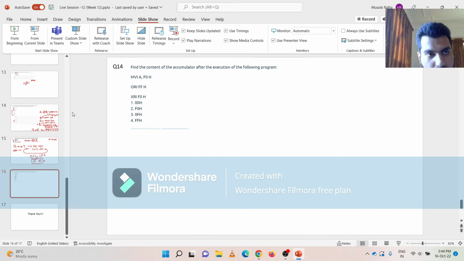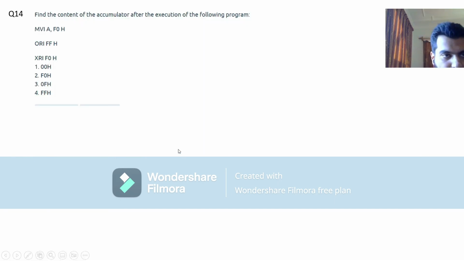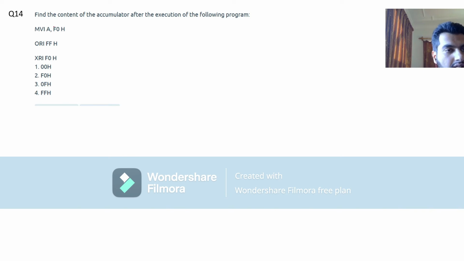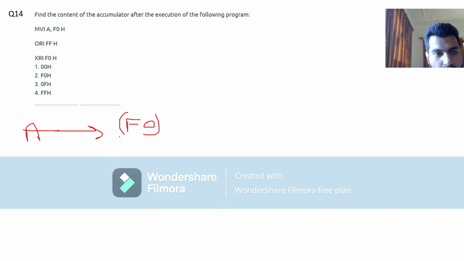So let me first discuss the final problem. The final problem of today's live session is: MVI, find the contents of the accumulator after the execution of the following program. First we load the contents of A with F0H, then we have an OR immediate, then an XOR immediate. So the contents of A get loaded with F0.